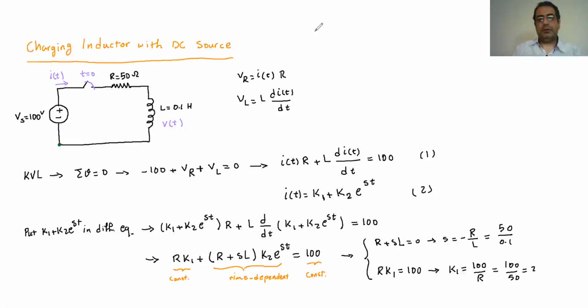So let me just write this here, that 100 is Vs. So if I rearrange this equation here, the VL is going to be VR minus Vs.